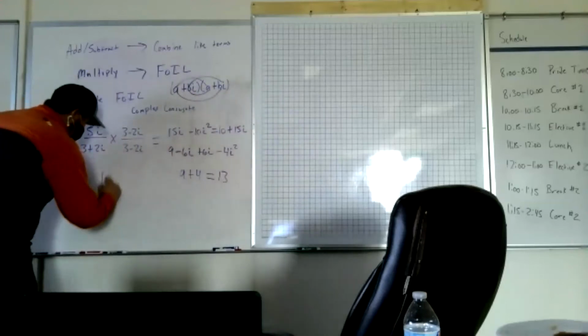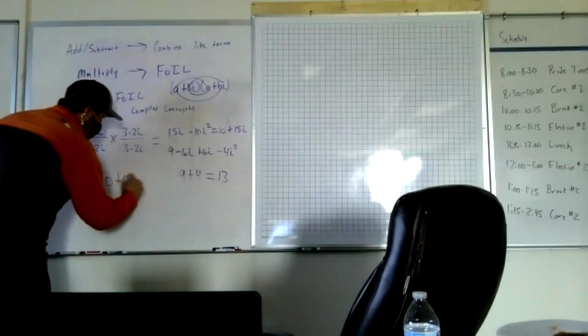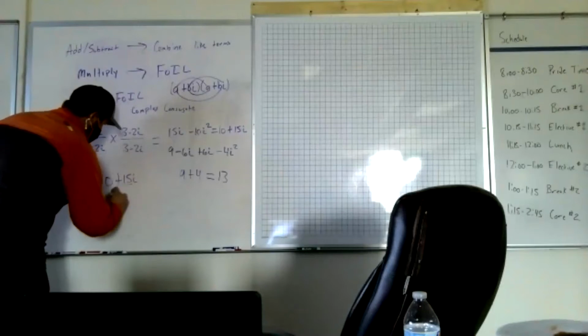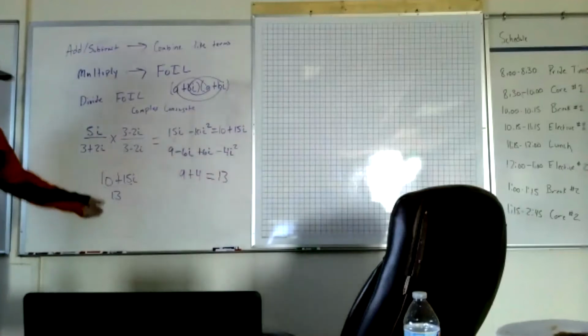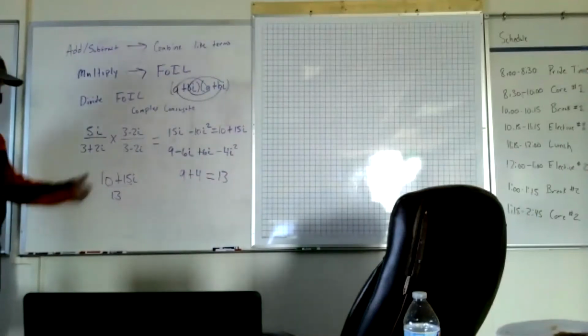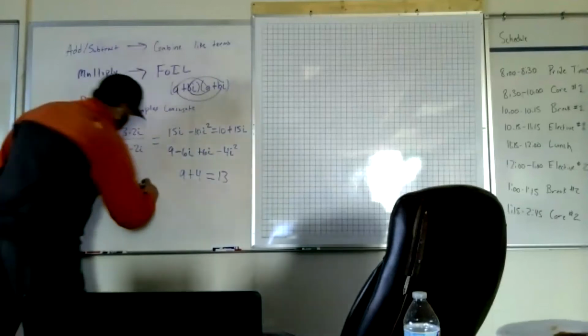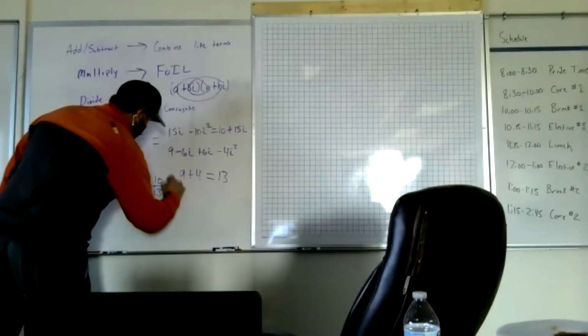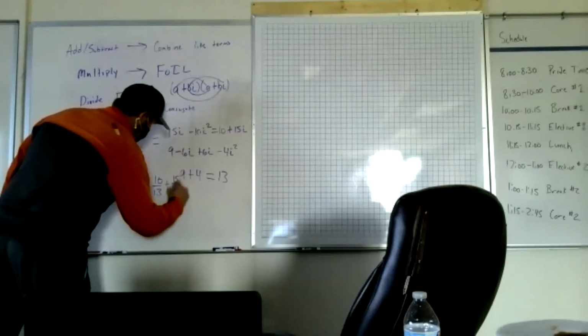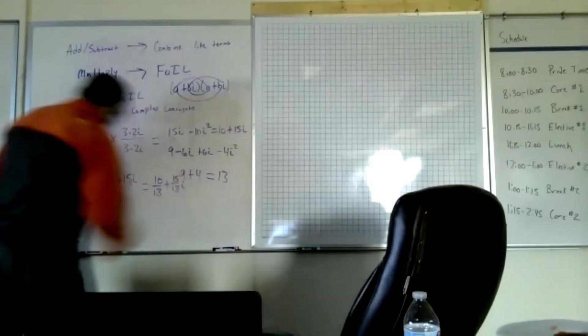So we'd write our answer as 10 plus 15i over 13. But what they want you to do is split this into a whole real term. So it'll be 10 thirteenths plus 15 thirteenths i.